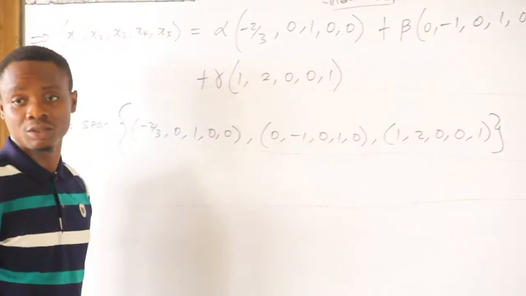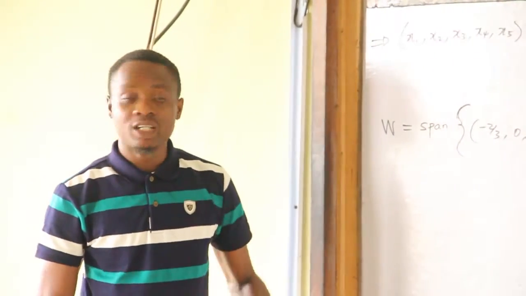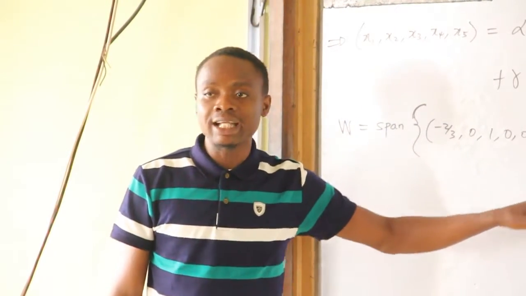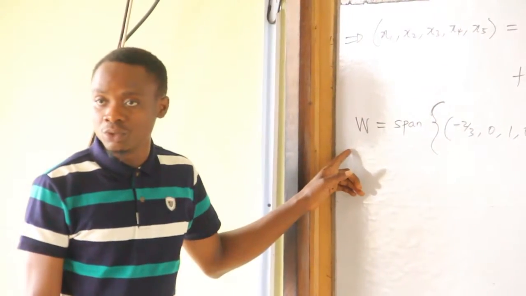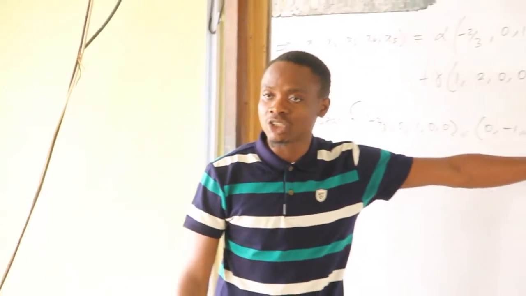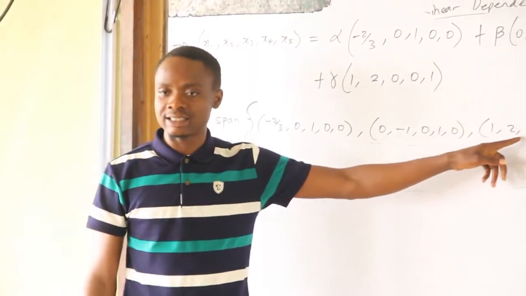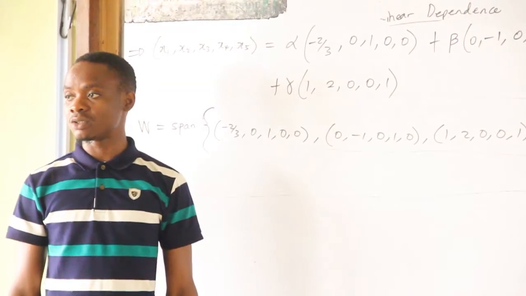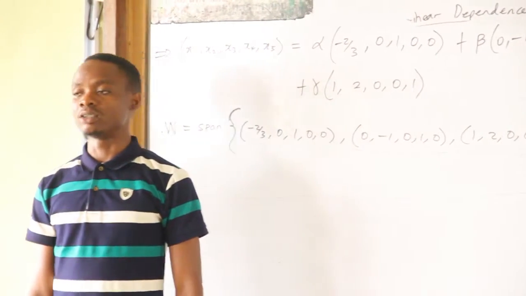Is it making sense to you? If W is a span of this set, that means every element in W can be written as a linear combination of the elements in this set. Is that true? Yes, that's what we just established. So that is the set that spans W.